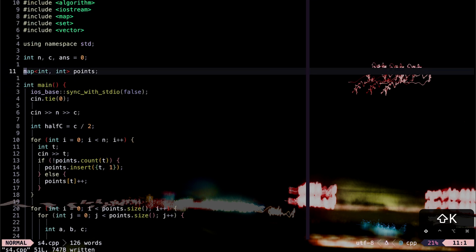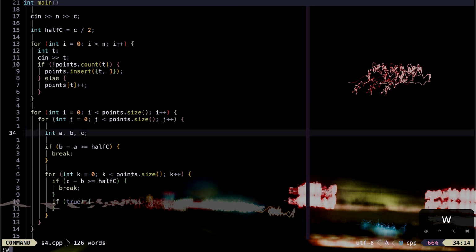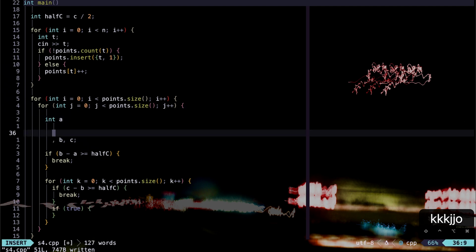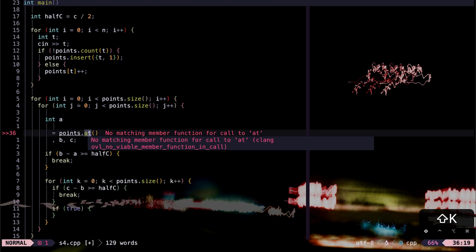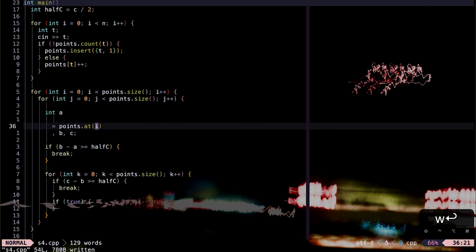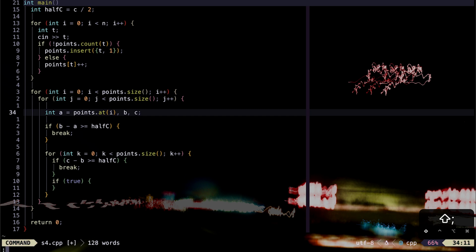So points dot size. Can we index a map? We can't index a map, right? There's some way of, let's say this equals points dot at I. Hoping that's how it works.